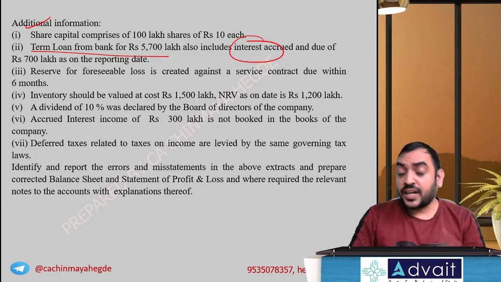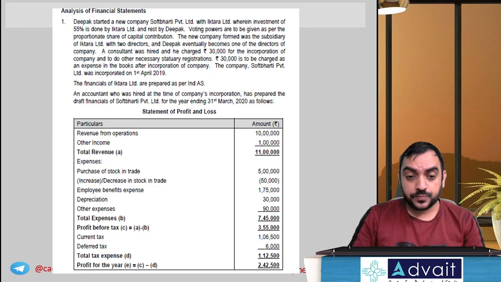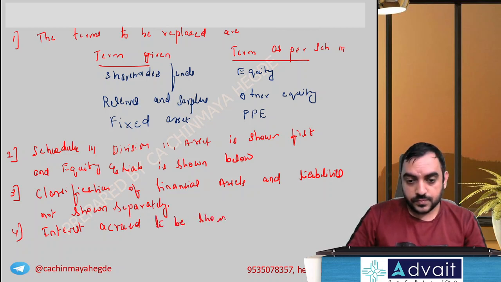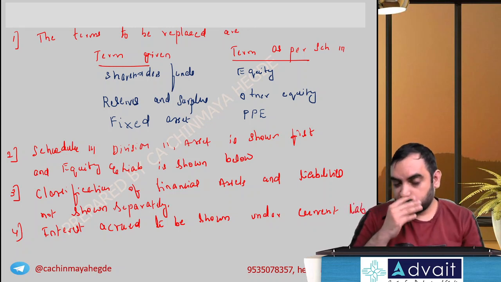That is shown as part of current liabilities, but they have shown together. You have to show separately. So you can mention that interest accrued is to be shown under current liabilities, not under loans, not under borrowings.